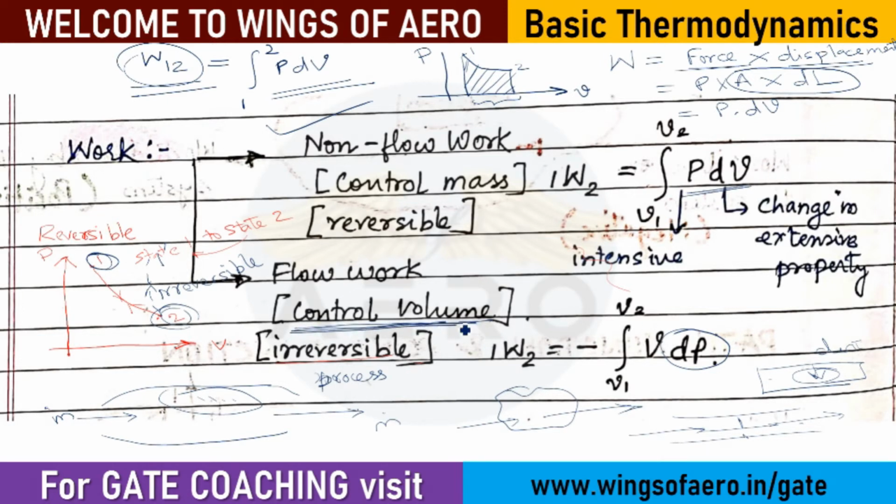The volume is fixed. In case of non-flow work, where the mass is constant, the pressure will also remain constant. But whereas in the control volume, as the volume is constant, the pressure will vary.